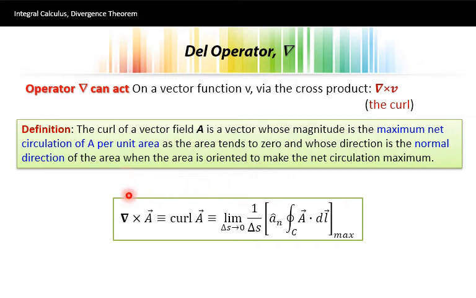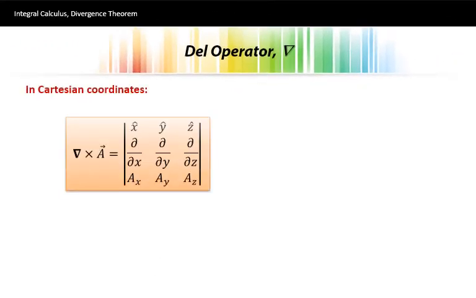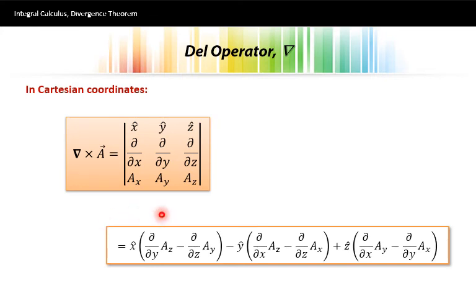If we put this definition into mathematical language, this is the form of the equation of the definition of the curl. In Cartesian coordinates, the curl of a vector A can be written using this equation, and component-wise this is the form of the curl operation.